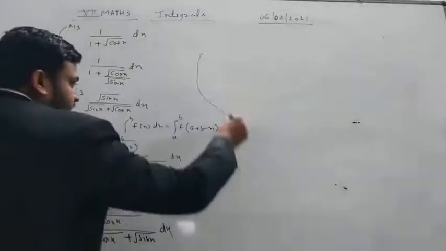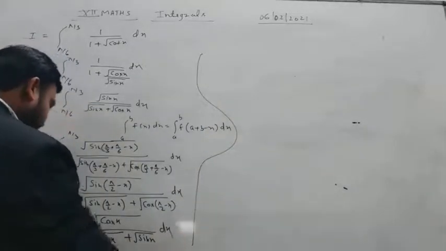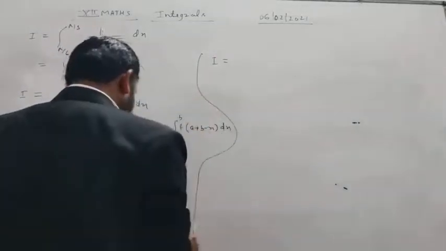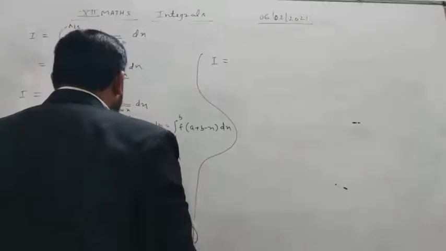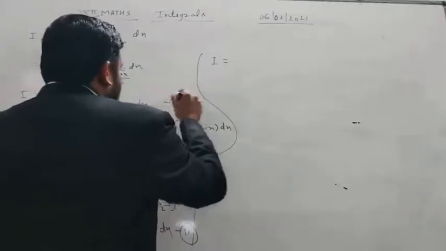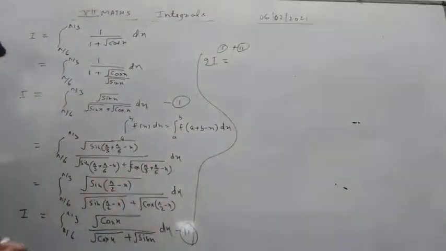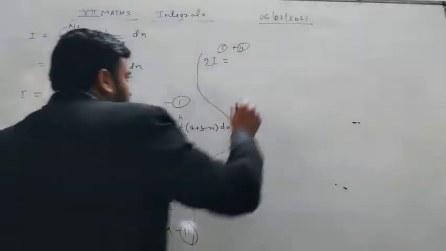Now we can write this I. This is our equation second, students, and this is equation first. When we add equation first and second, students, we get the denominator is the same.